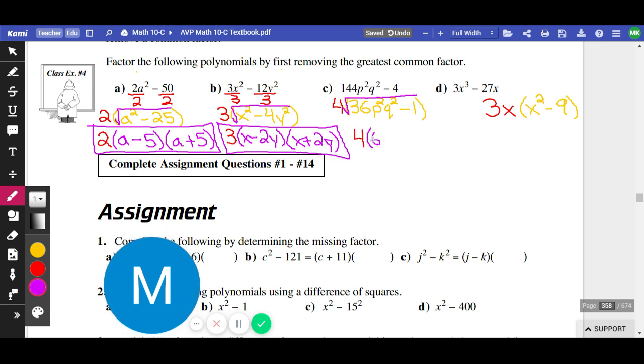6p q minus 1, 6p cubed plus 1. That would be my difference of squares.